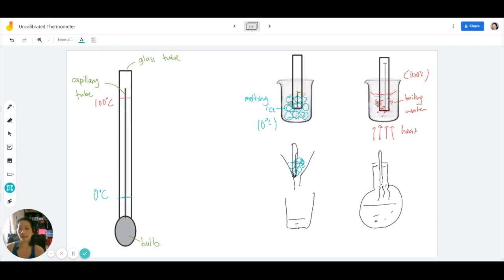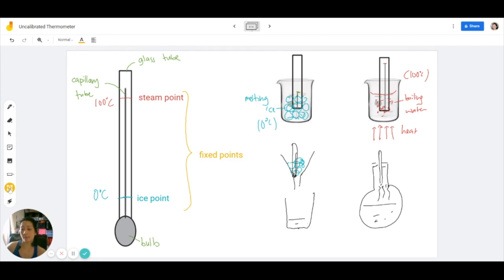So it is for this reason that 0 degrees Celsius is also known as the ice point, and the 100 degrees Celsius mark is known as the steam point. So because these two are fixed values at known temperatures, these 2 points are known as fixed points.